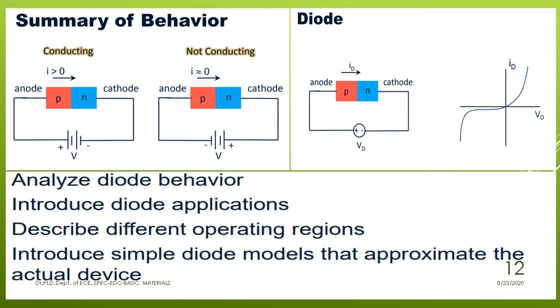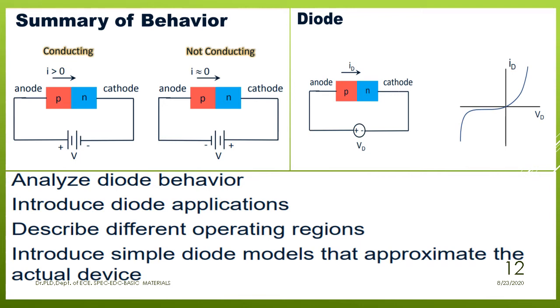So this is the diode behavior based on applying forward bias and reverse bias. It has different applications, operating regions, and simple diode models that approximate the actual device, which we can observe further from the applications point of view. The basic first application is as a rectifier.